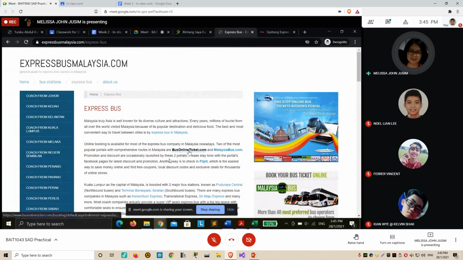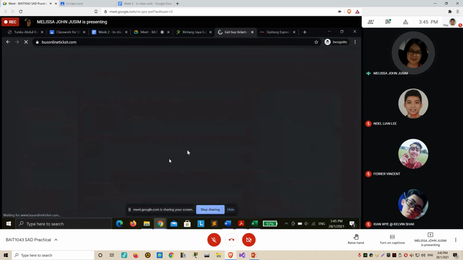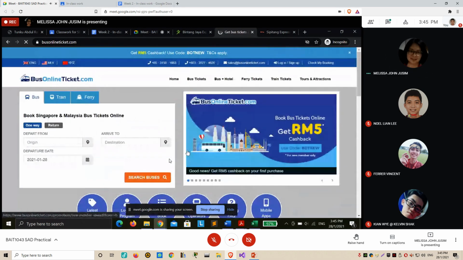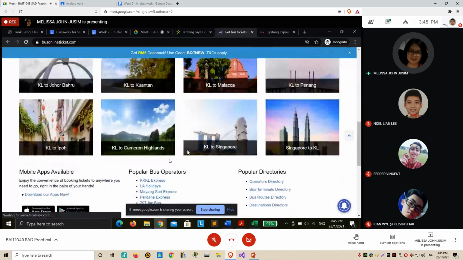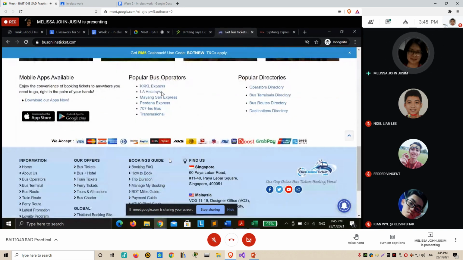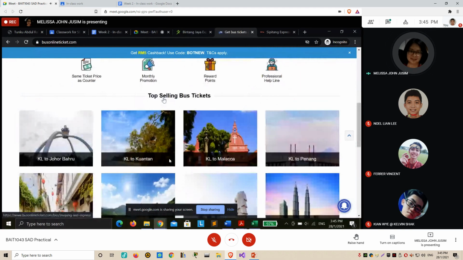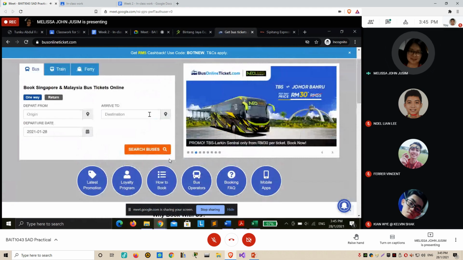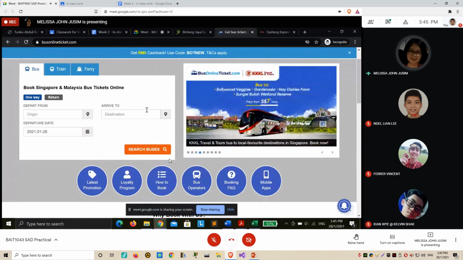Here I noticed that this is something like Trivago, but meant for buses. Everything is here, and it helps you to search for buses. But I don't think this is your case study scenario for Speed Bus.